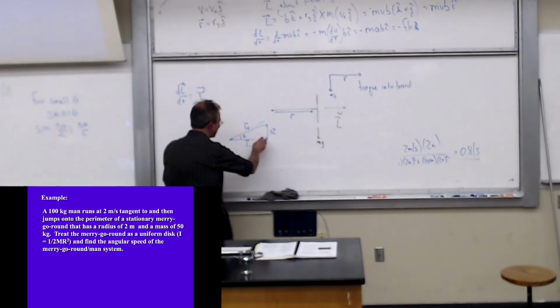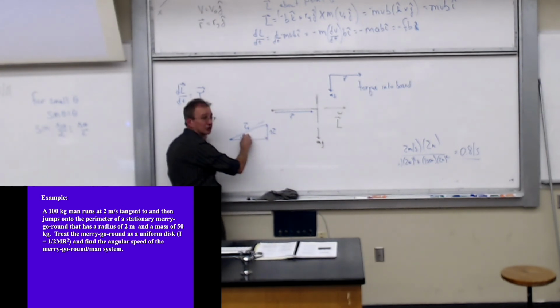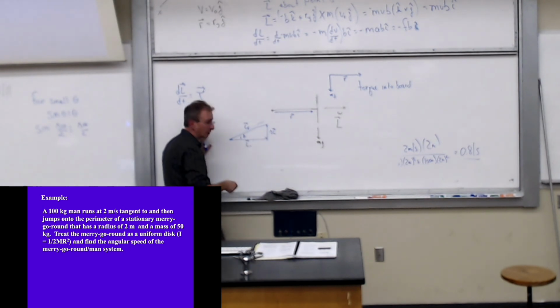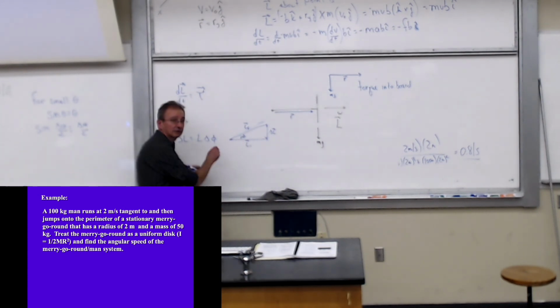Well, this is not a 90-degree angle, right? This is a really small angle. This is constantly changing direction. It's actually sweeping out a circle. So really this is an arc length. So delta L is L delta phi, but delta phi is tiny.